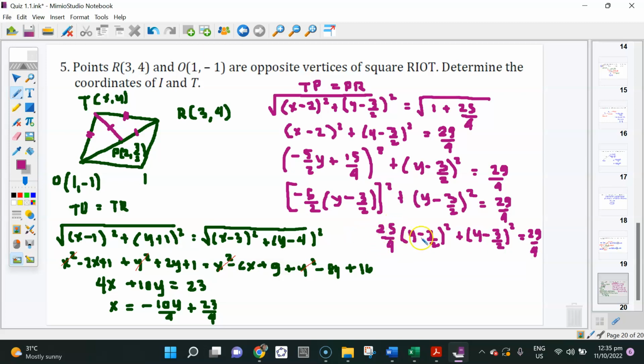Look, they both have (y minus 3 halves) squared, so I can combine 25 over 4 and 1. That will be 29 over 4. So, 29 over 4 times (y minus 3 halves) squared equals 29 over 4, and the 29 over 4 will cancel. So that will become 1.